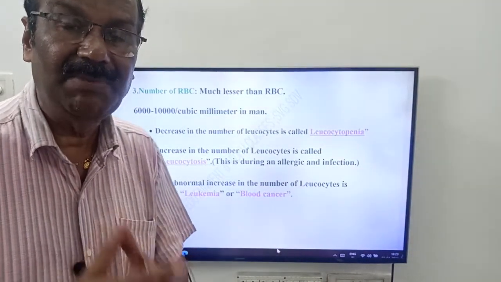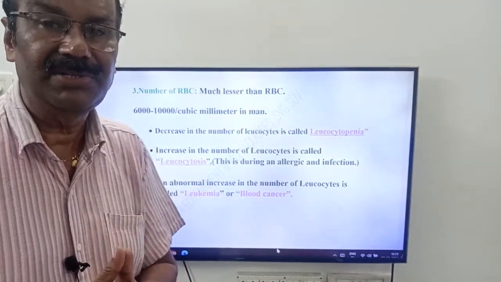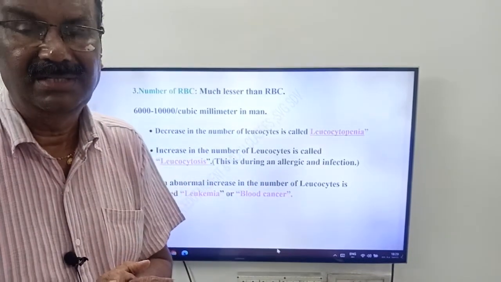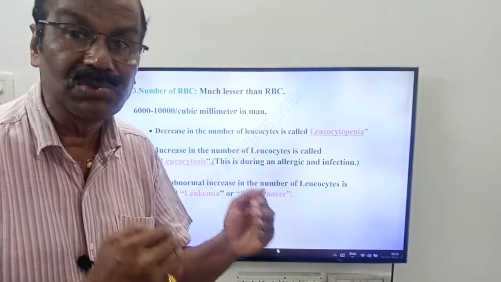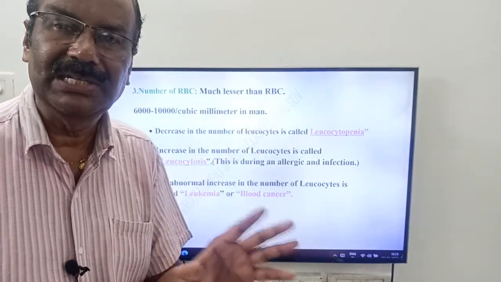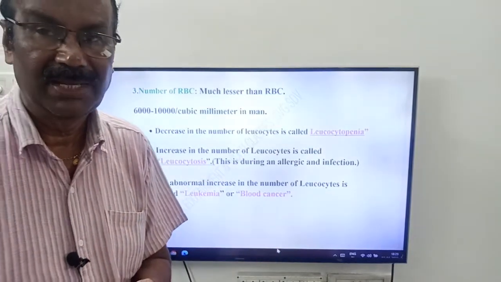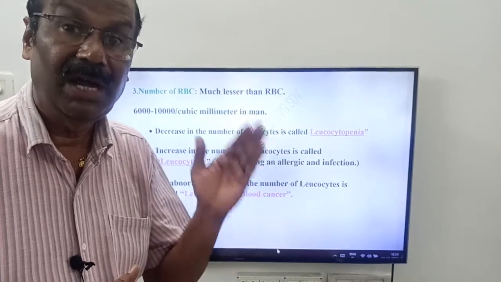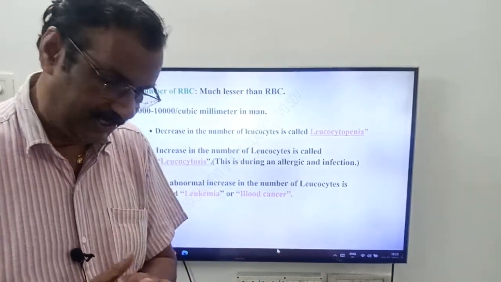Abnormal increase of the WBC is called what, friends? Blood cancer or leukemia. What is the difference between leukocytosis and leukemia, friends? Leukocytosis means increase in the number of the WBC. What is leukemia or blood cancer? Abnormal increasing of the WBC.